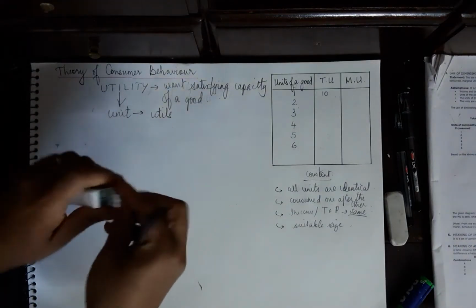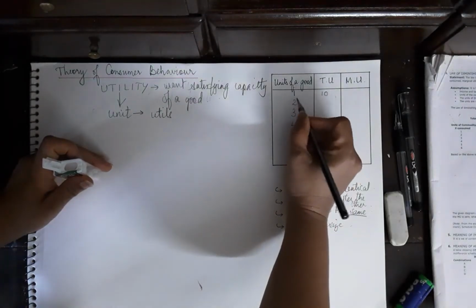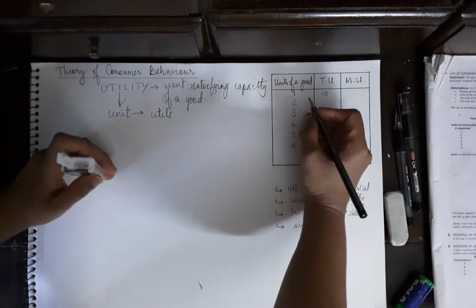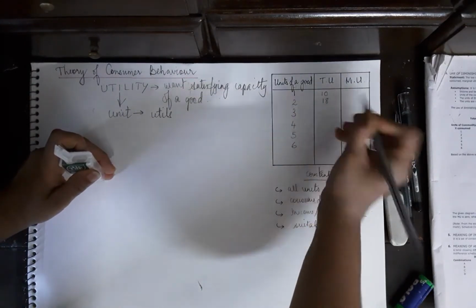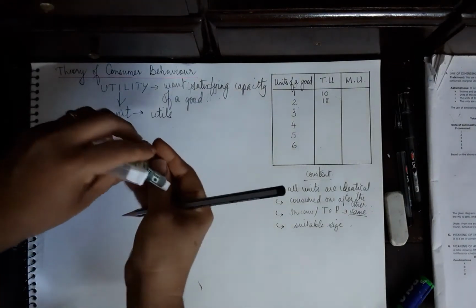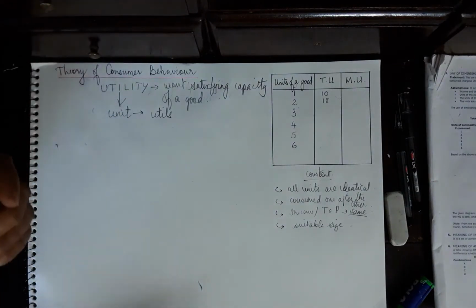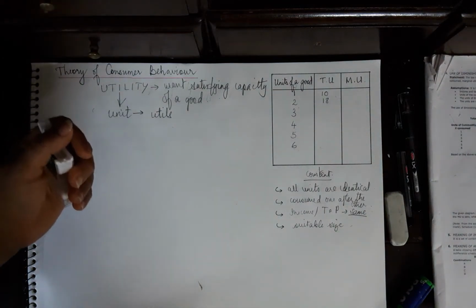Now I'm going for the second one. After consuming the second one, I get a total utility after consuming both together. The total utility, I'll say, is 18. Going for the third one. After consuming the third one, let me just give me a second to bite it and finish it off.